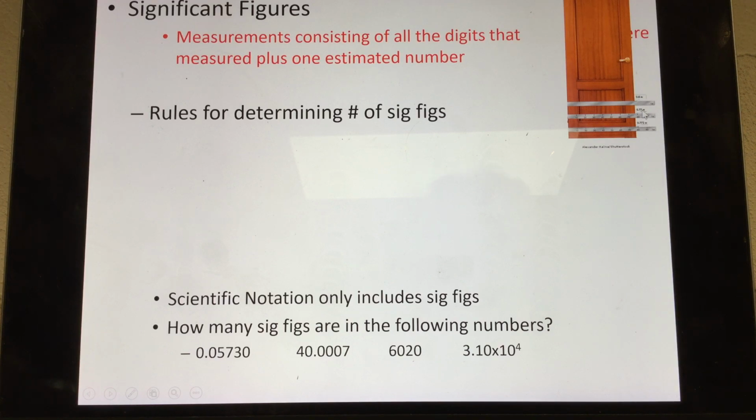The estimated digit can vary. Usually we just use 0s or 5s, but here they used a 7. So this first 7 is what we can actually measure from the ruler itself, and then the second one is estimation, which can vary from one person to the other. So now with this ruler, we can have 2 Sig Figs in our measurement of the door.